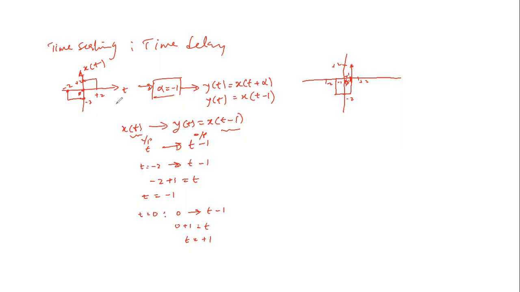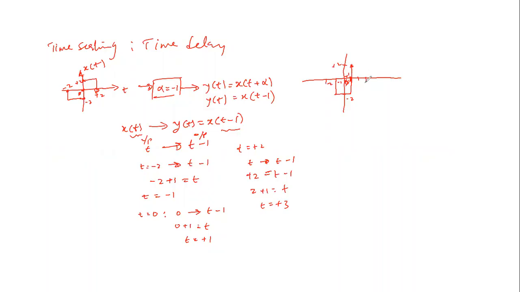Then at t equal to +2, so we have t turning to t minus 1. So that's +2 is the same as t minus 1. So that'll be 2 plus 1, which is equal to t. So t is equal to +3. So it means we now have to create the scale properly. That's 2.